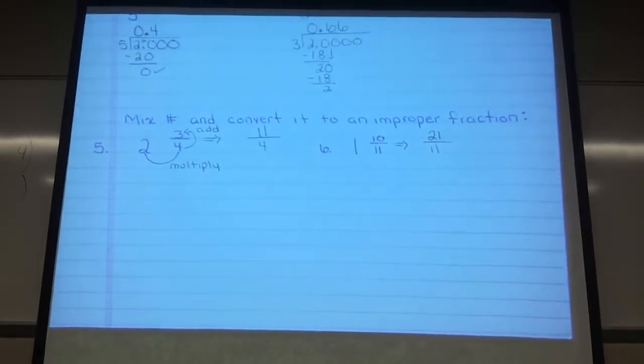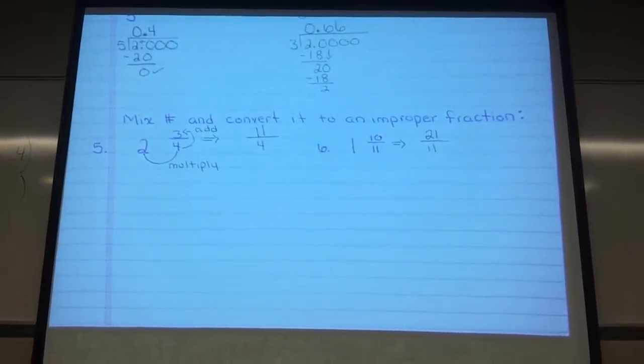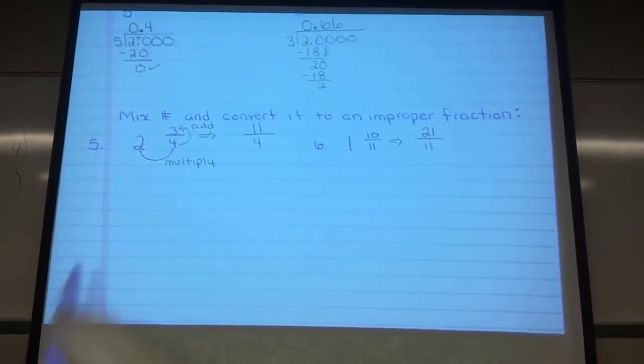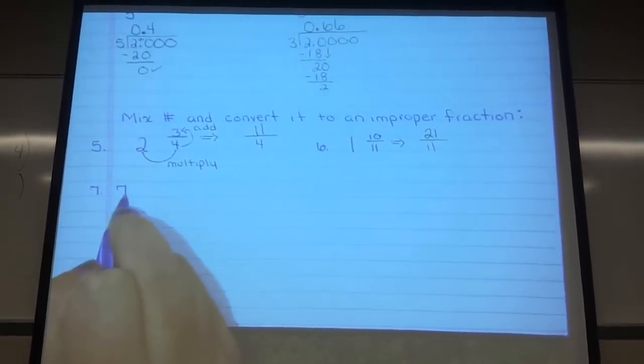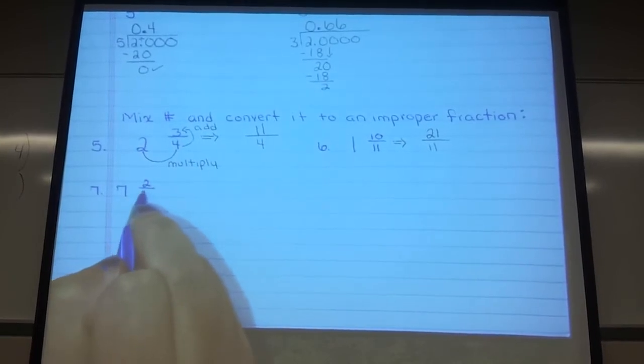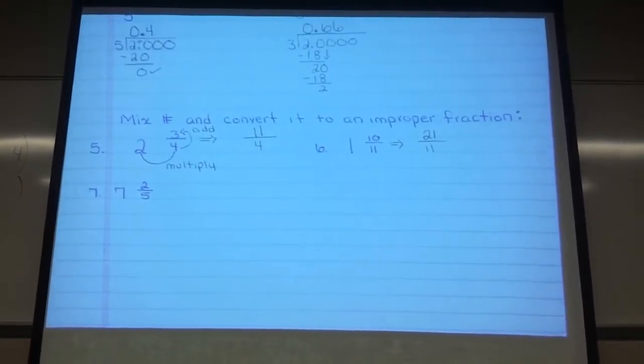So these are the kind of problems that will be on the next test on the non-calculator portion, where you just change its look. Let me do one more. Let's try 7 and 2/5.